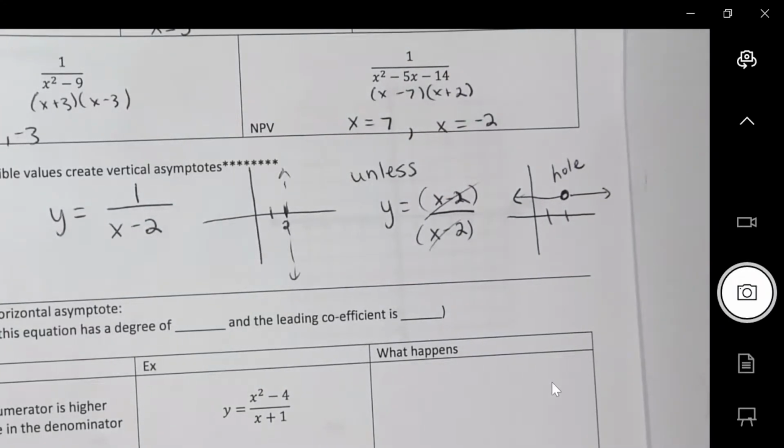Okay, so when something cancels, it will create a hole in your graph instead of an asymptote. So those are the rules with the x values.